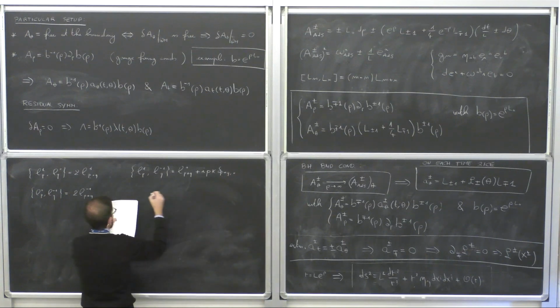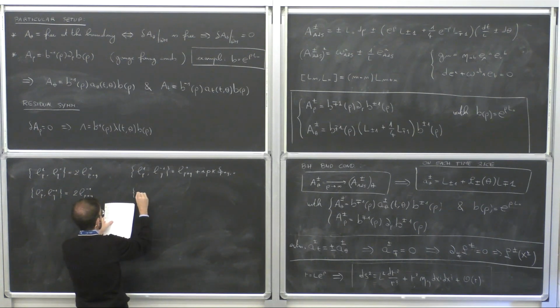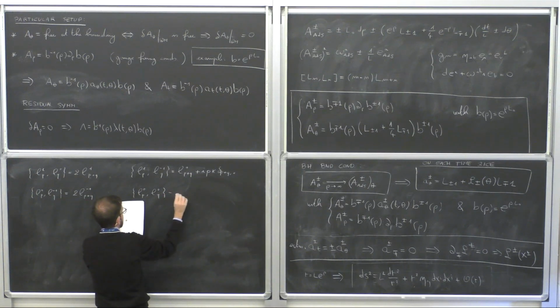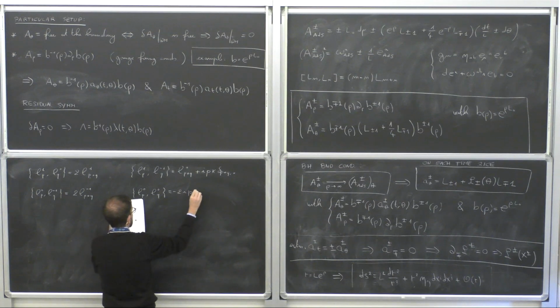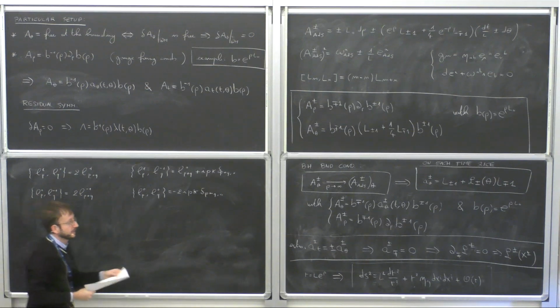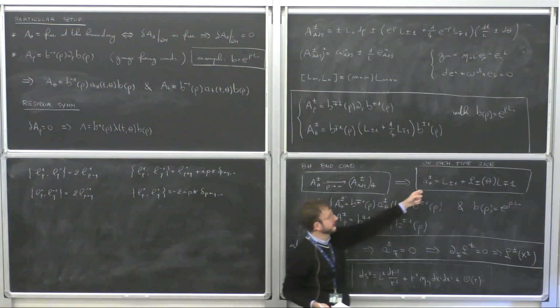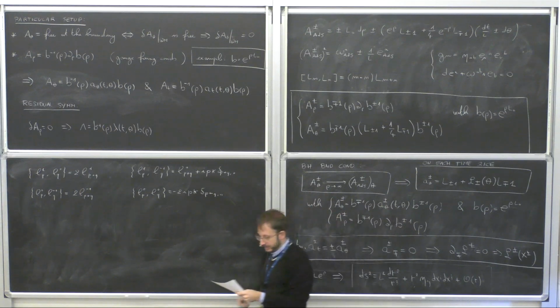So that is just, I'm writing in the particular case of the SL2 R affine algebra, the generic algebra of modes that we have computed before. And now what I have done is that I added an additional constraint on top of it.